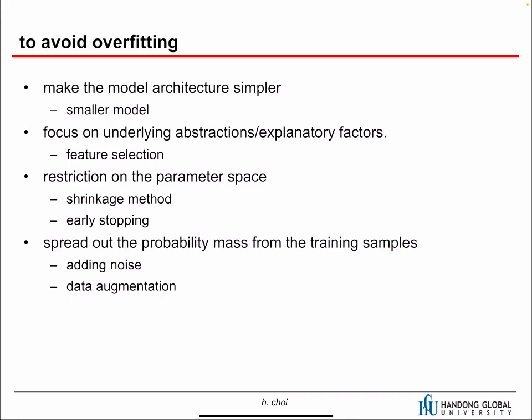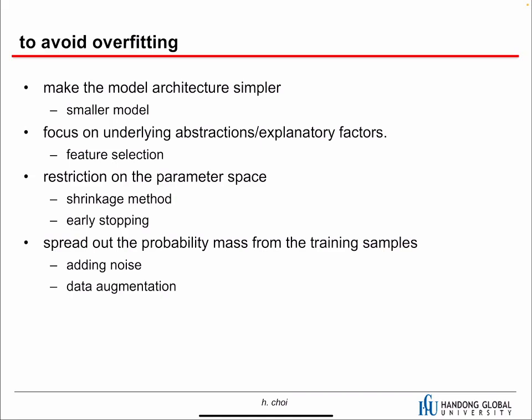Okay, and then the next one is to spread out the probability mass from the training samples. Okay, so if we have infinitely many samples, then the model cannot overfit, right? So with a relatively small number of samples, and the data manifold is kind of sparse, that's how the model can overfit to the samples.